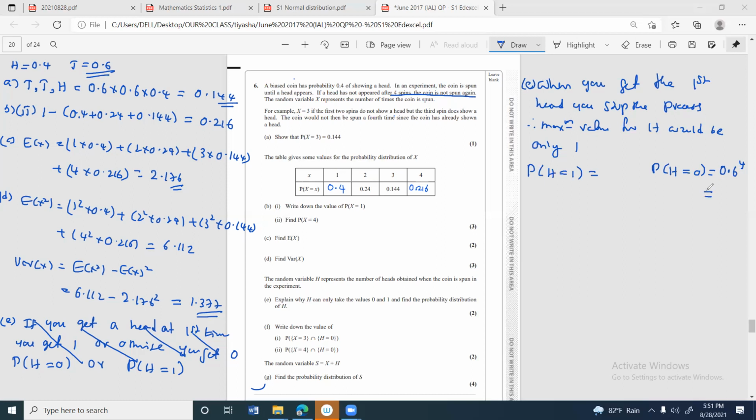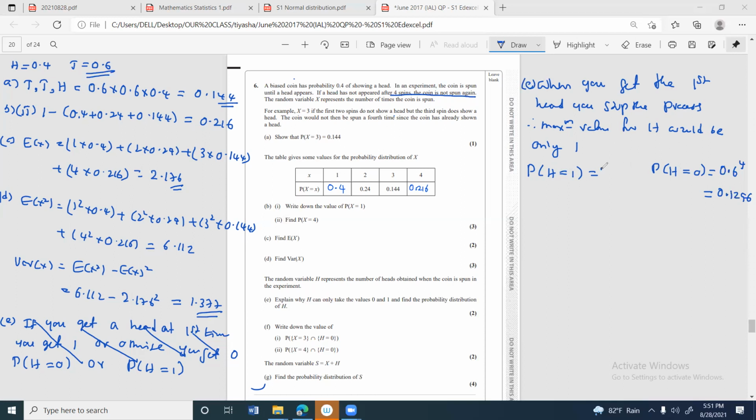So if you work this out, it should be 0.1296. Then for all other cases, the first time, second time, third time, up to the 4th time, you get a head, so h equals 1. How do we get this probability? You can draw the tree diagram and do it, but you know that only 2 events are possible, h equals 1 or h equals 0.